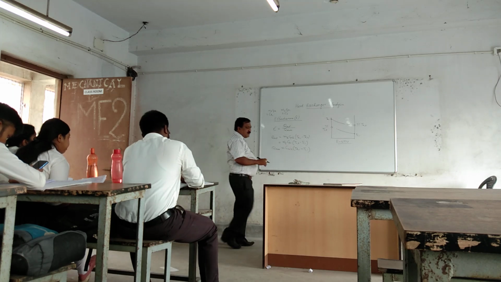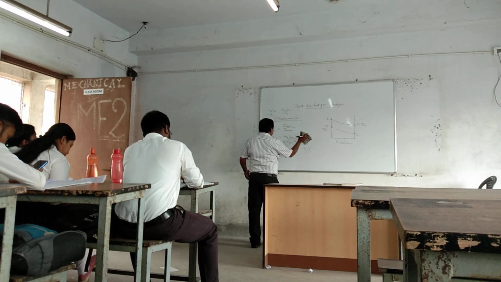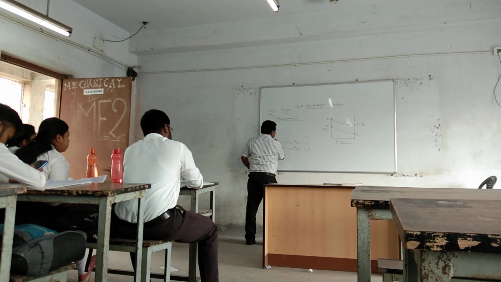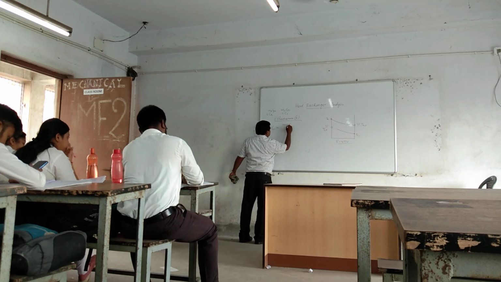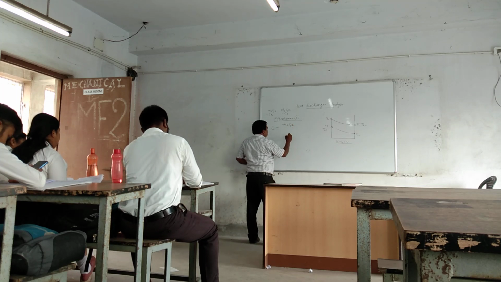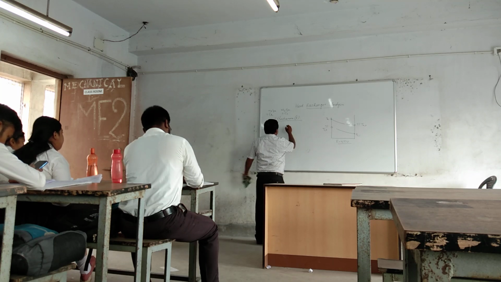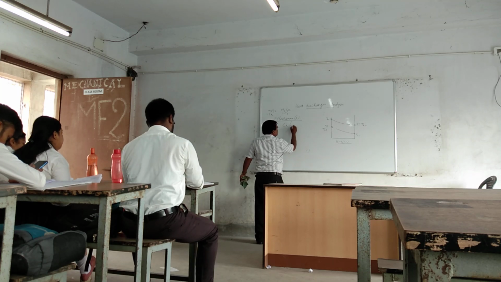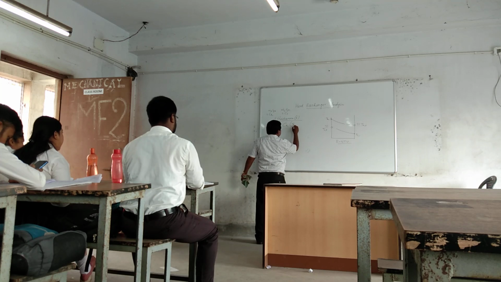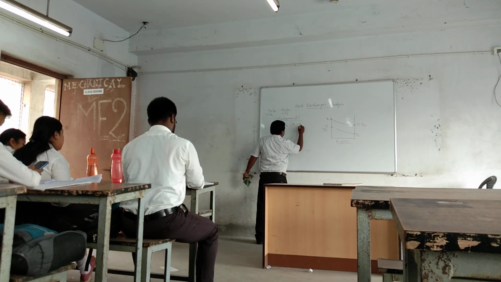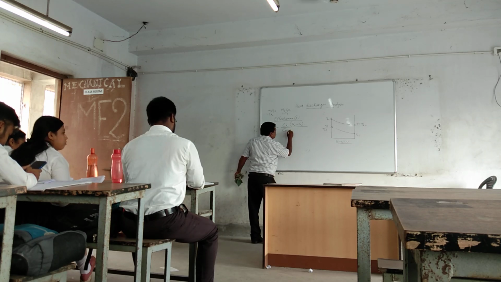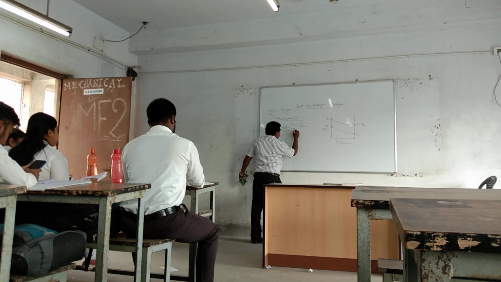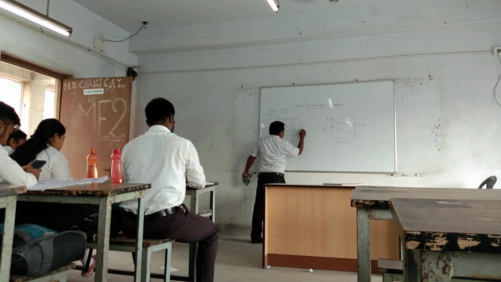So from this what we can write? Effectiveness epsilon is equal to m dot h Cph, which is written as CH, times (THI minus THO) divided by C min times (THI minus TCI).